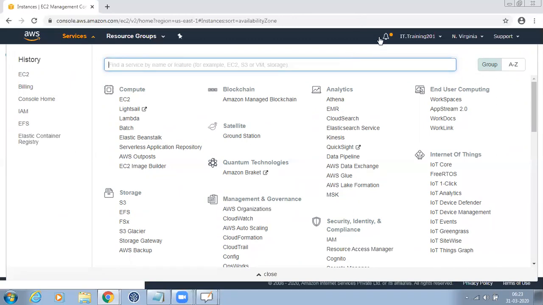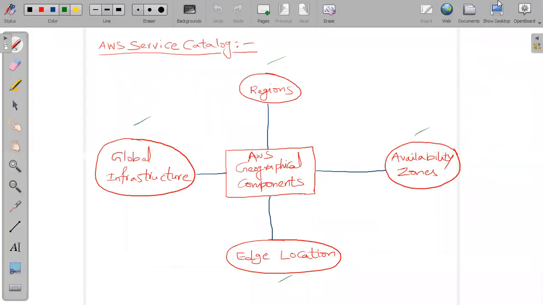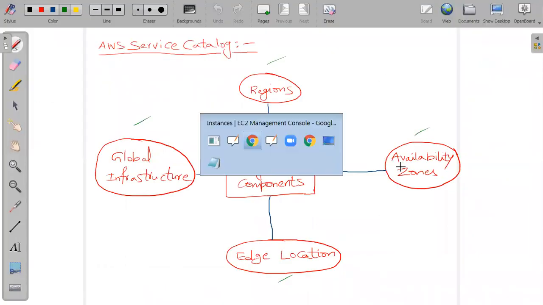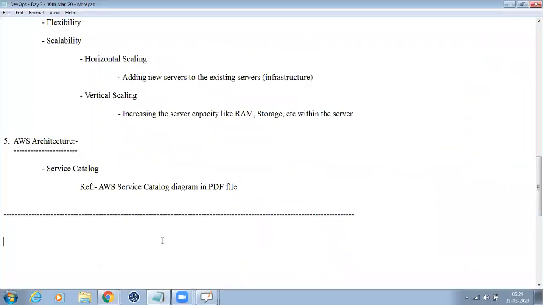Okay, so having said all this, let's try to understand what is the edge location. Let's have some theoretical concepts here.